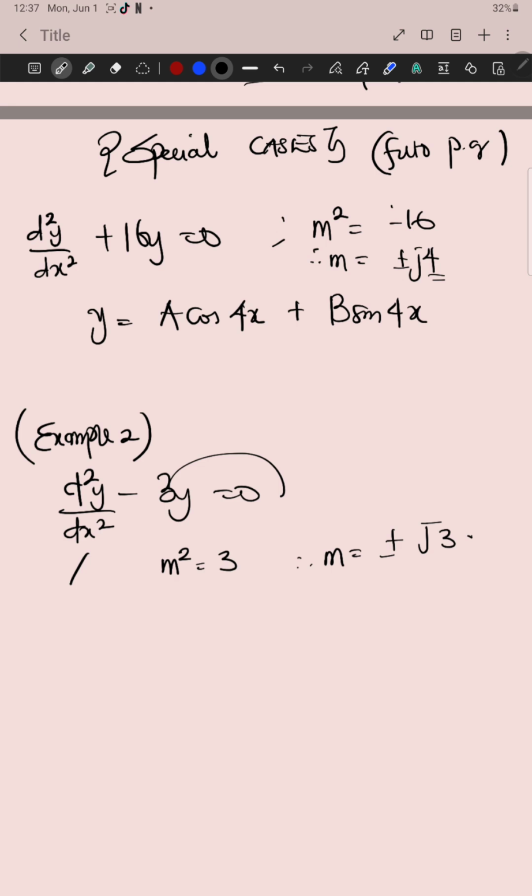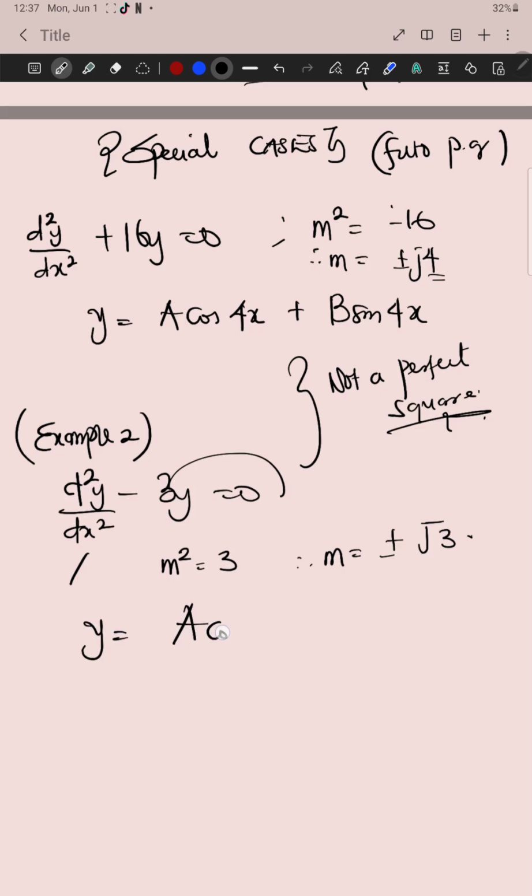When you have the square root of a number that is not a perfect square, it is wise for you to write it with cos and sin.